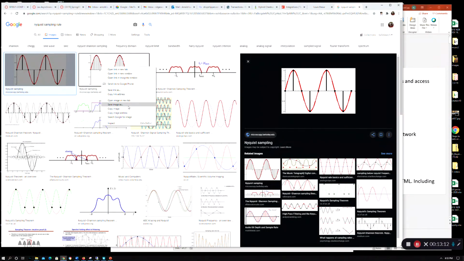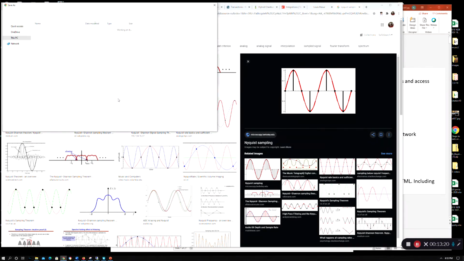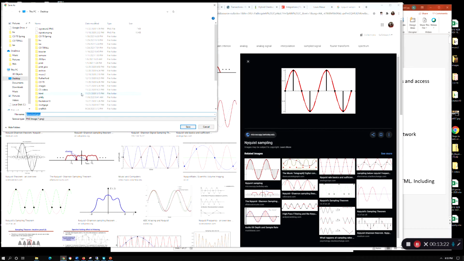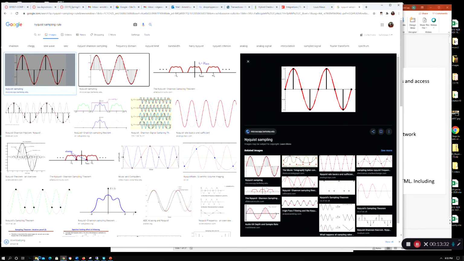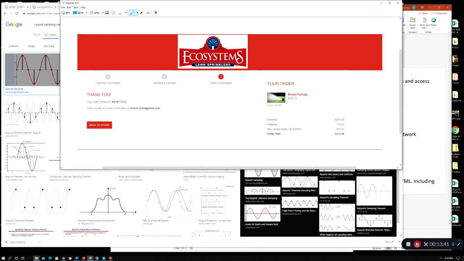Save image. Actually, this might be the easiest thing to do.